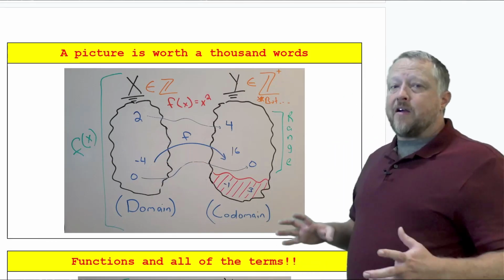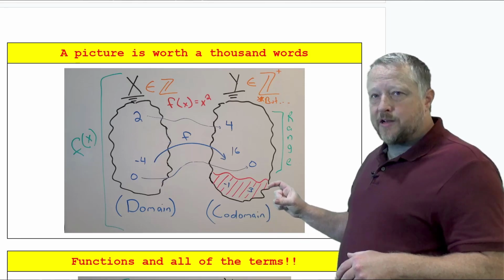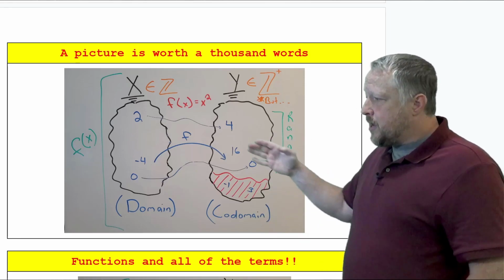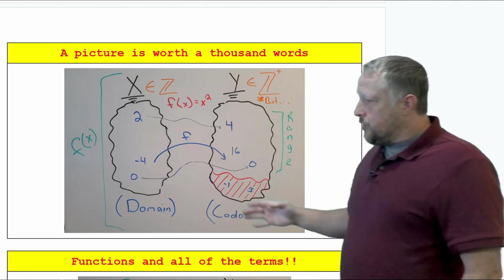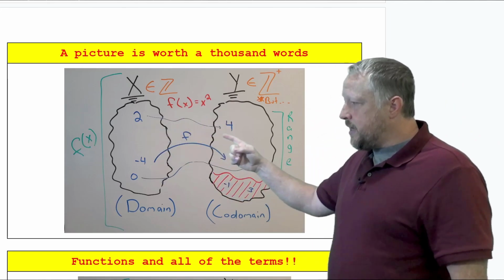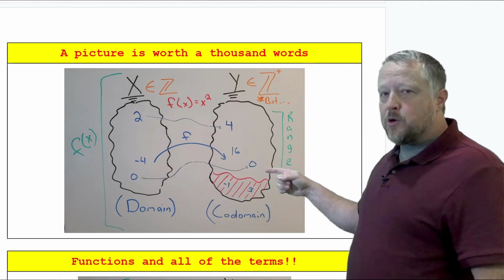To give you a very specific setup where you're going to have codomain values that are not within the range of the function, consider f of x equals x squared. You know that 2 squared is going to equal 4. You know that 0 squared is going to equal 0.